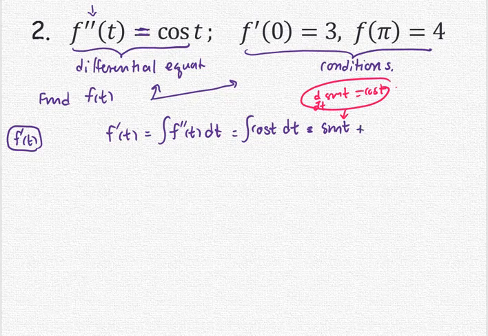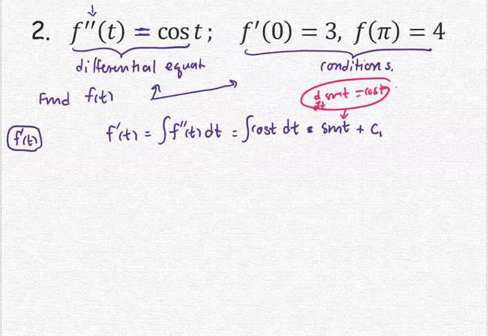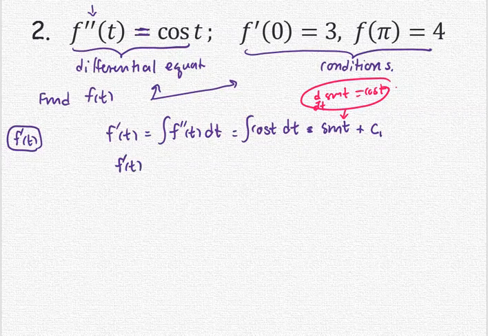And we add the constant of integration, the arbitrary constant. We're going to use c subscript 1, which is from the first antiderivative. Now, since f prime at t equals sine t plus c1, we're going to use one of the conditions, f prime at 0 equals 3.